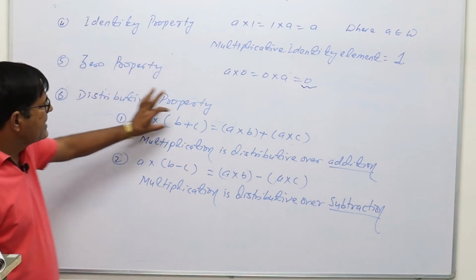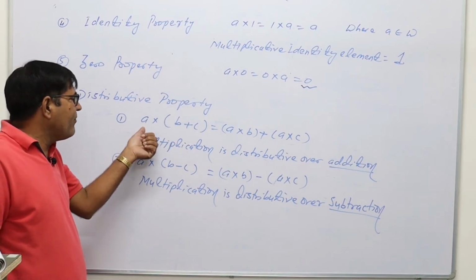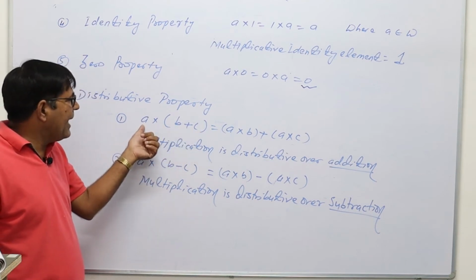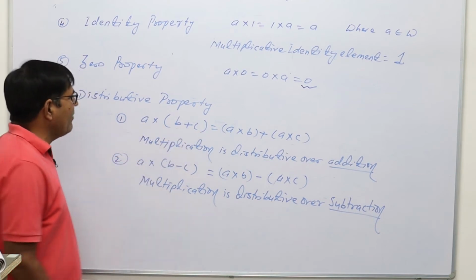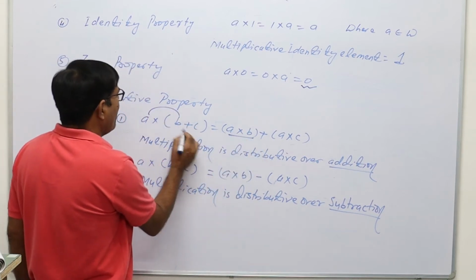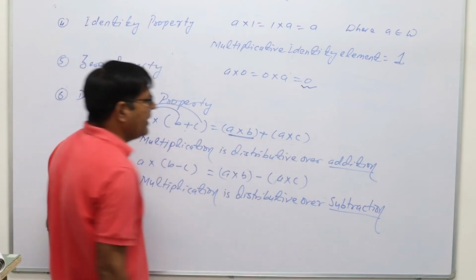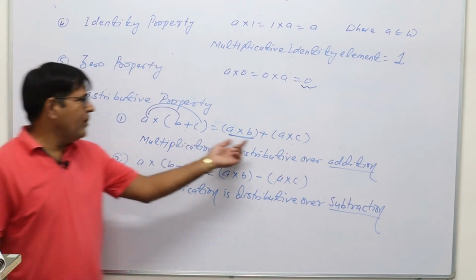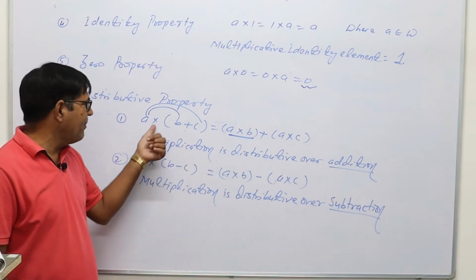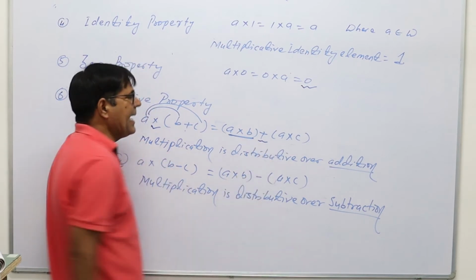First is A, second is B, and third one is C. We have to multiply A with the sum of B plus C. Then it will be equal to A into B plus A into C. This is known as multiplication is distributive over addition.